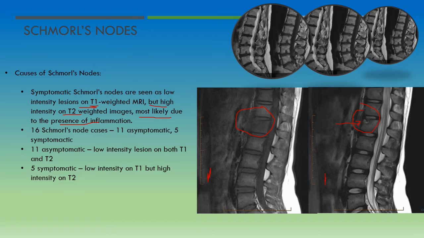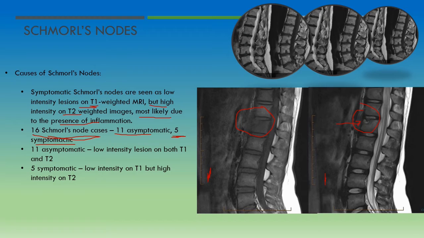And in this particular study, they investigated 16 Schmorl's node cases, of which 11 of the patients were asymptomatic. In other words, they had Schmorl's nodes found incidentally on diagnostic imaging studies, but denied back pain symptoms, and 5 cases were reportedly symptomatic.